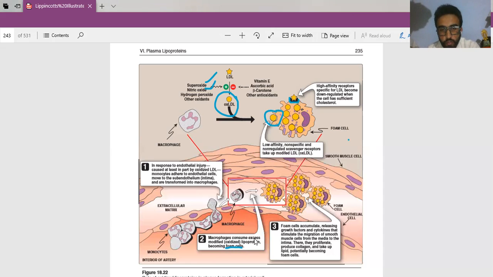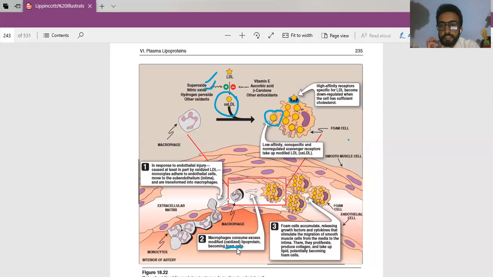So macrophages consume excessive modified oxidized lipoprotein and become foam cells, and when they become foam cells, they then release chemokines, interleukins, interferons, and cytokines, which are released by these foam cells, and they then start calling the other macrophages, monocytes, and other cells of the body or other cells of the immune system.